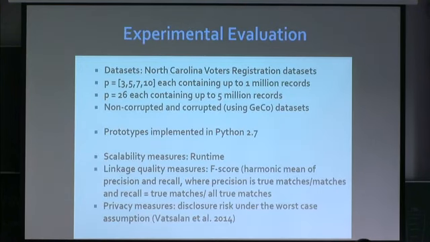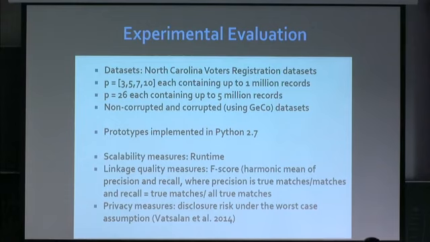And before showing some experimental results, I'll describe our evaluation setting. So, we used North Carolina voter registration data sets for our experiments, and we extracted subsets of data sets for 3, 5, 7 and 10 parties, each containing up to 1 million records. We also used another set of North Carolina voter registration data sets of 26, each containing up to 5 million records, to conduct large-scale experiments.